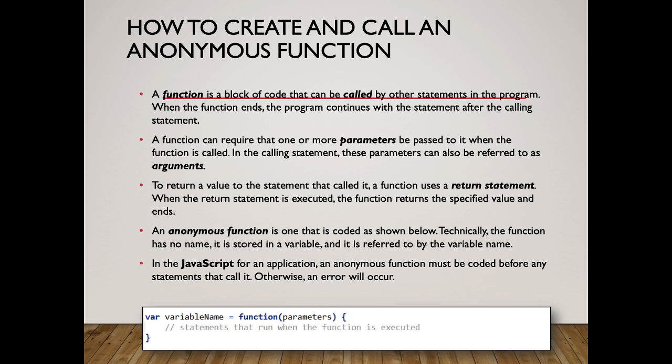For creating and calling an anonymous function: in JavaScript, you can have regular functions that are named, like in any language that you've used, as well as you can create anonymous functions. So a function is a block of code that can be called by other statements in the program. In this case, I'm just going to skip over most of this. It works exactly the same as a regular function, but you'll see that I have not named the function right here.